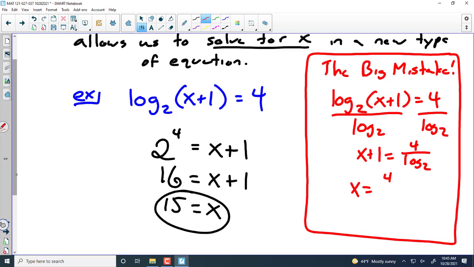Subtract 1 from both sides. Not only is that wrong, it actually doesn't mean anything, everyone. You can't divide by log base 2. Dividing by log base 2 is like dividing by parentheses. It's a mathematical notation. It doesn't make any sense.